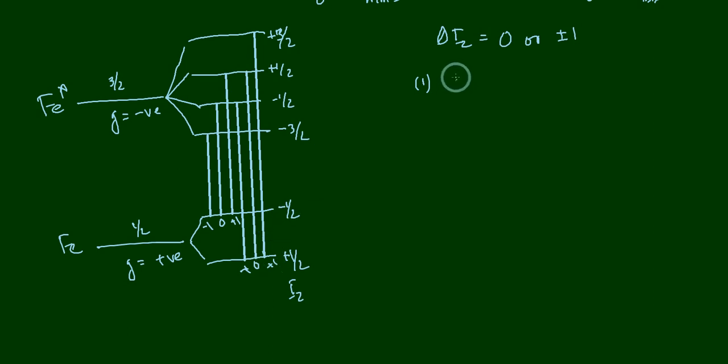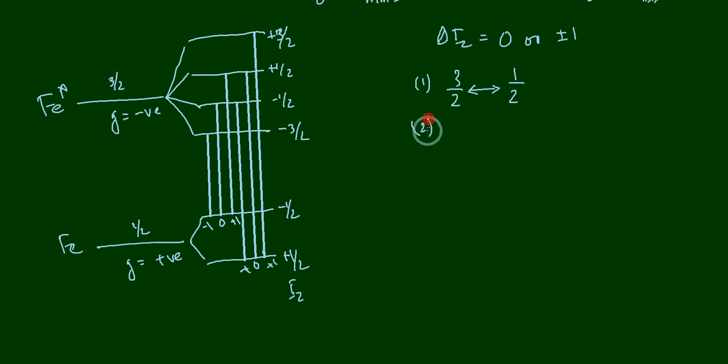If you are seeing a pair, the first one shows the Iz value of the excited state, and the second one shows the Iz value of the ground state. So the 3 by 2, 1 by 2 transition is this one, the first one.